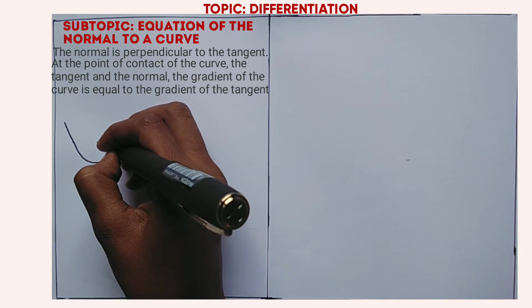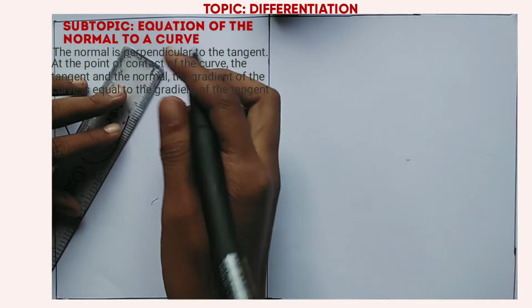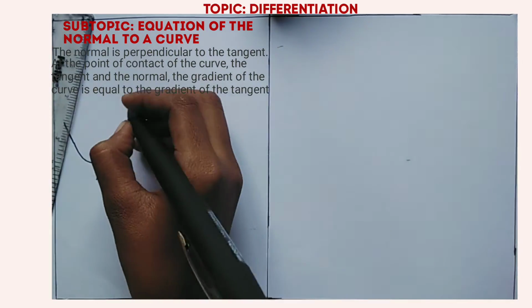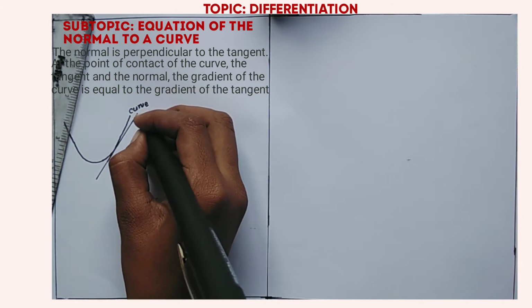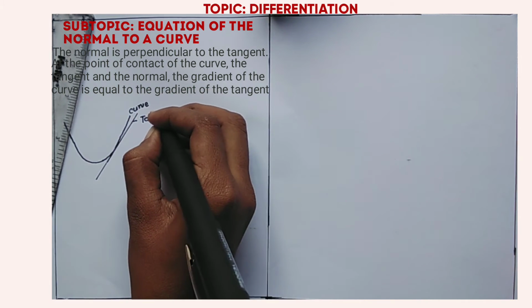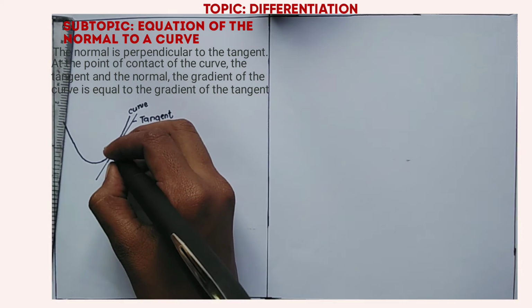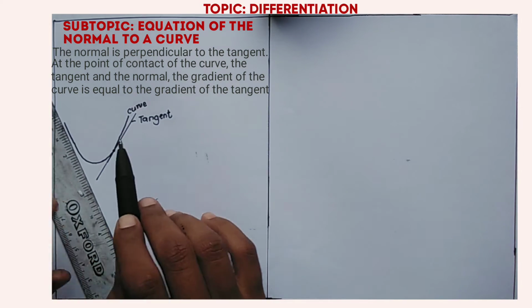An example you can demonstrate on the curve. That is your curve, and this is your tangent. This is the point of contact, and at this point of contact the gradient of the curve is equal to the gradient of the tangent.